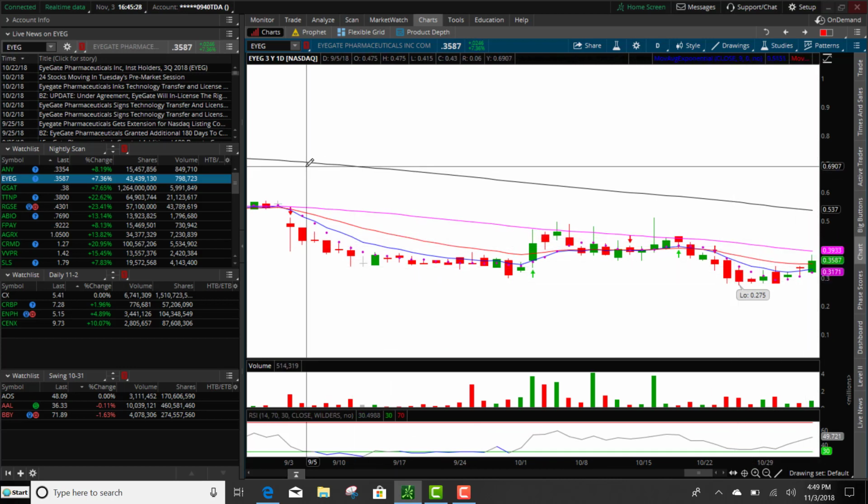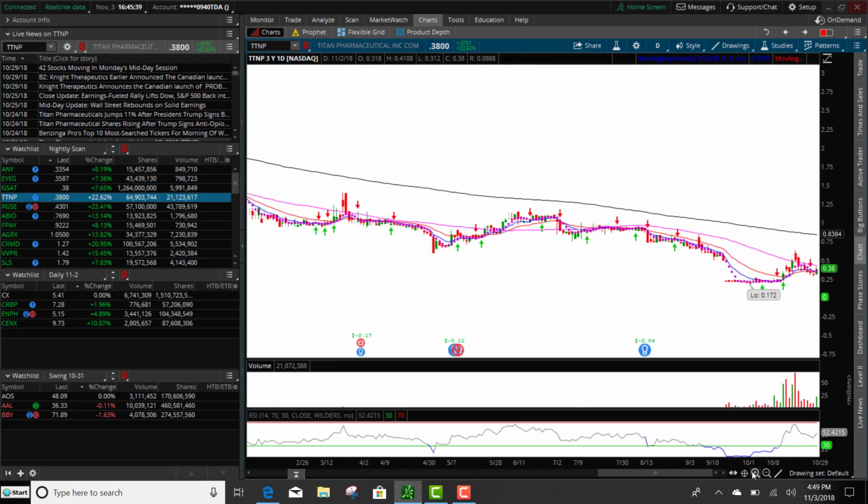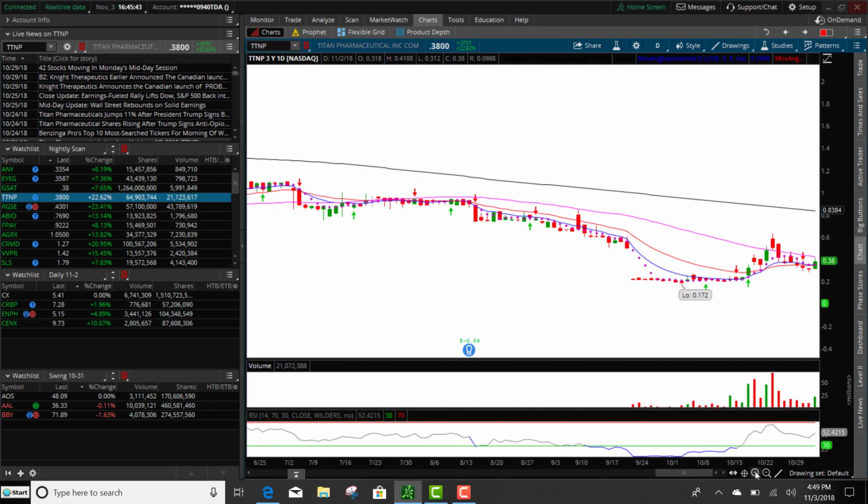You'd have about a 4-cent profit potential, but you can see that there is a low volume compared to the amount of shares. So like this TTNP would be something that I would potentially look at because there is quite a bit of volume to the shares, although I would not put that on because it's trading between the moving averages.